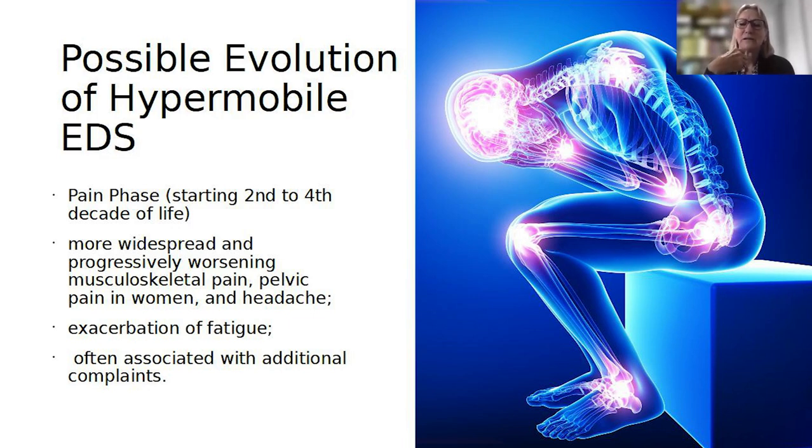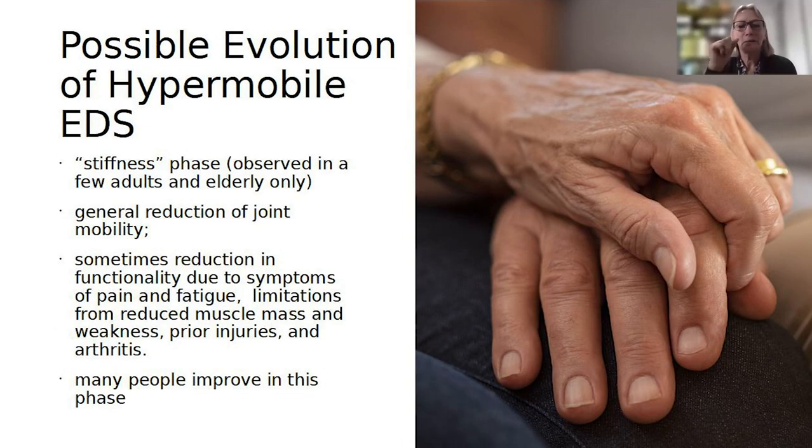You're getting quite disabling and profound fatigue. And this is when you often start to see the other symptoms we were talking about, the gut symptoms, the orthostatic intolerance, maybe the mast cell activation. Those start to come out more in midlife. And then in later life, because of wear and tear and accumulated injury, you're starting to see more of a stiffness phase with less joint mobility and a reduction in functionality.